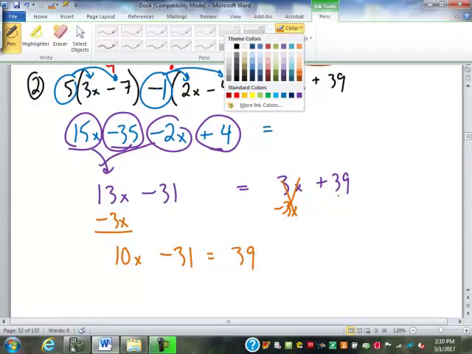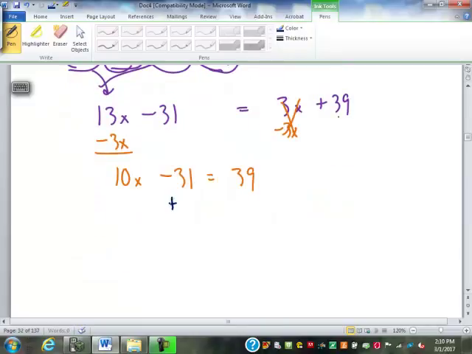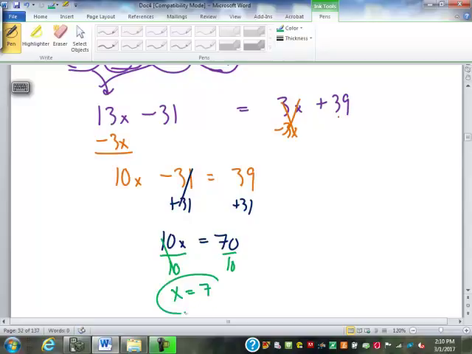And now it's in a form where we can start to solve. Yep, add 31. So 10x equals 70. And then? Divide by 10. X equals 7. Perfect.